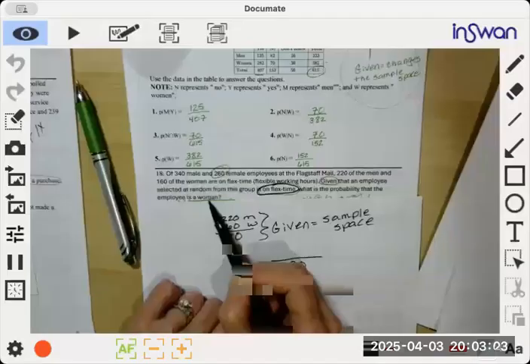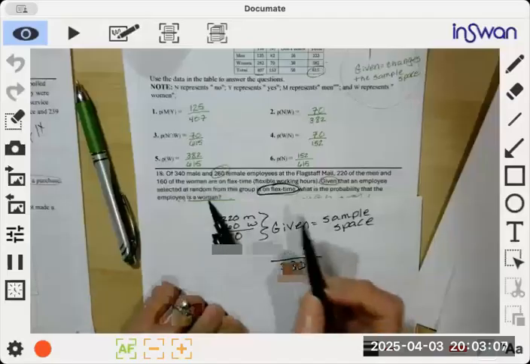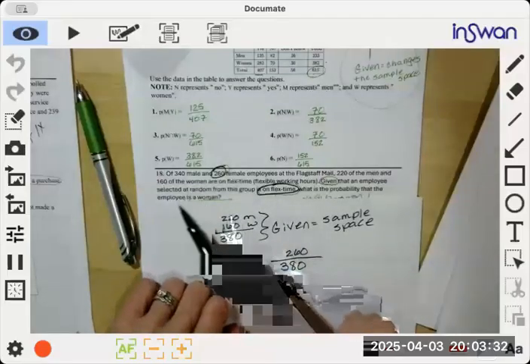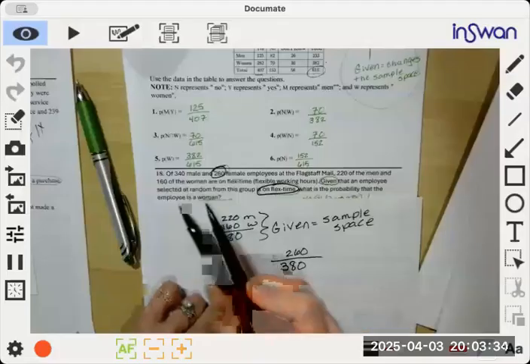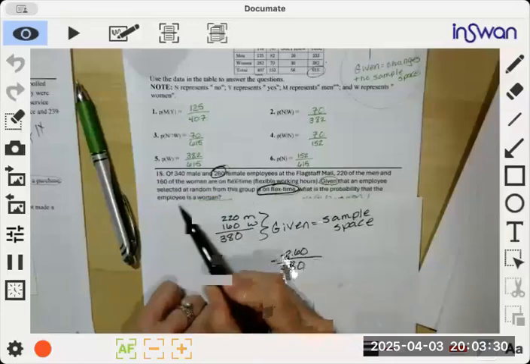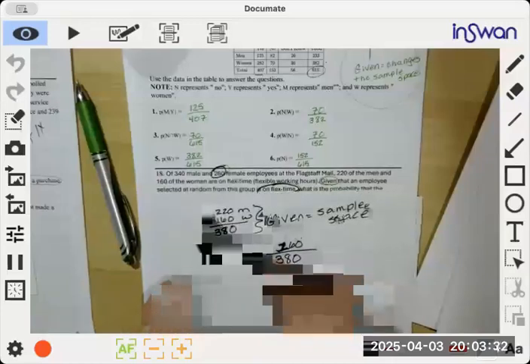Because those are the women that are on flex time, 160. Oh, yeah, 160 of the women are on flex time. That is a 1. What are you talking about? Yeah, I had to put my glasses on. Sorry.